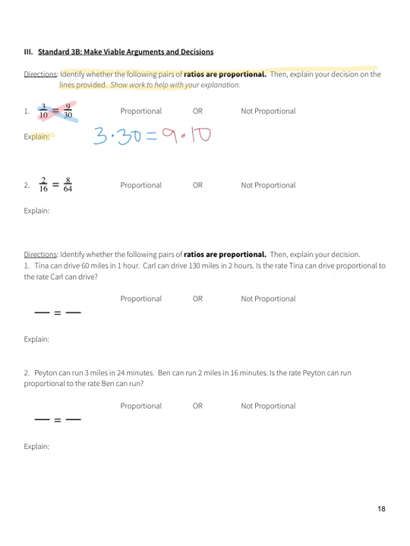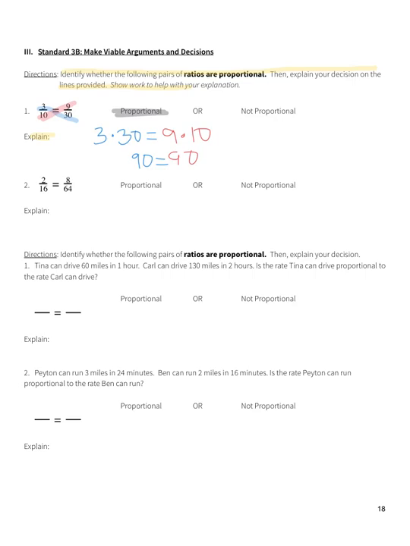Well, 9 times 10 is 90, and 3 times 30 is 90. So, is that a true statement? Absolutely. So we know that these ratios are proportional.